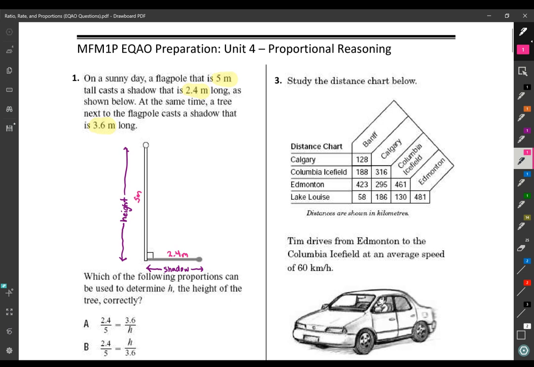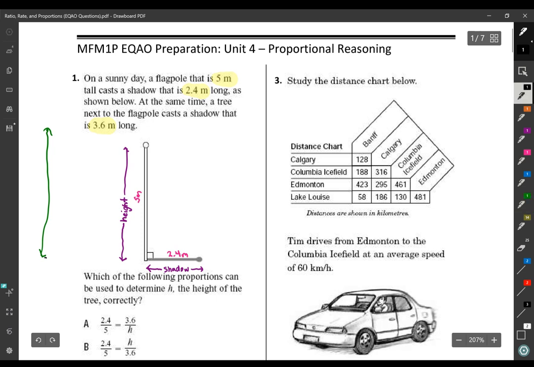And we have some tree where we don't know the height, but we do know that it casts a shadow that is 3.6 meters.